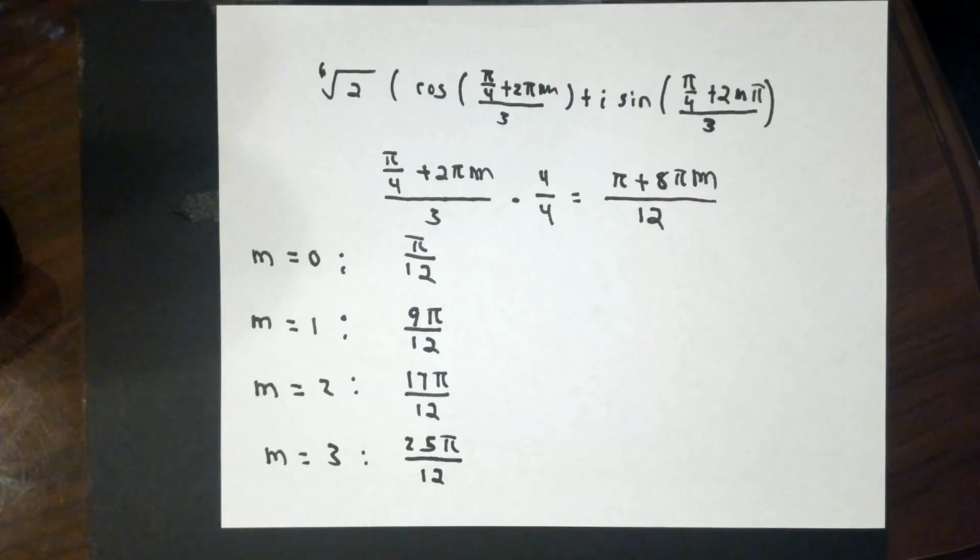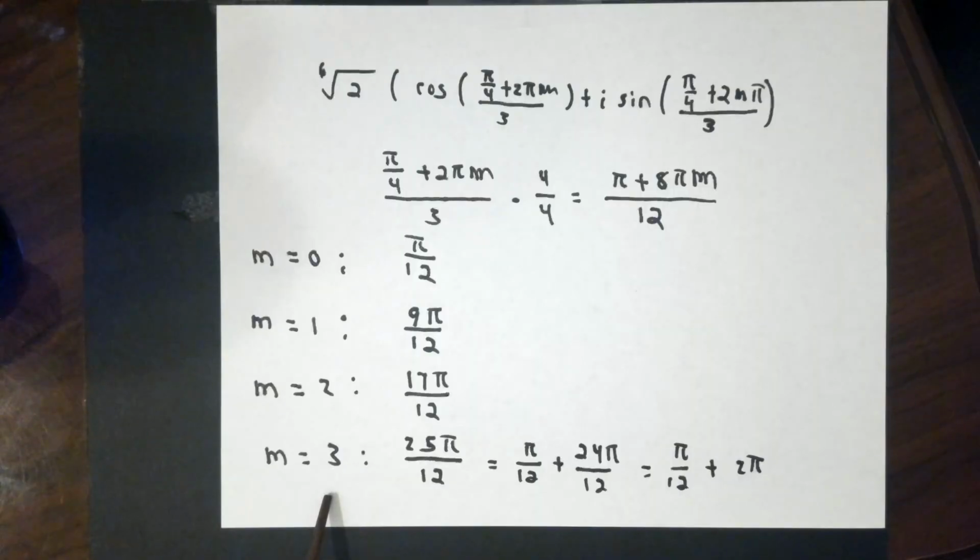I'm going to want to look at that last one, the m equal 3, in some detail because it's extremely informative. The m equals 3 argument, 25 pi over 12, is pi over 12 plus 24 pi over 12. This is pi over 12 plus 2 pi. The angle that we would be thinking of is coterminal with angle pi over 12.